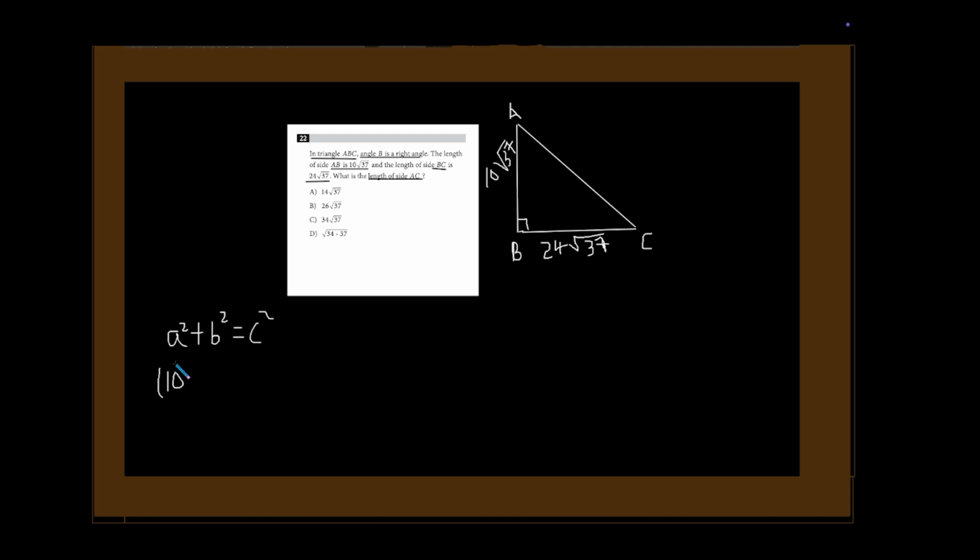So we're going to write out our givens, which is bracket 10 root 37 squared, plus b, which is 24 root 37 squared. And that's going to equal c squared.